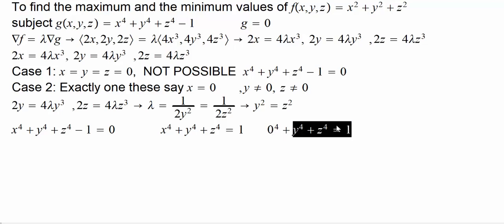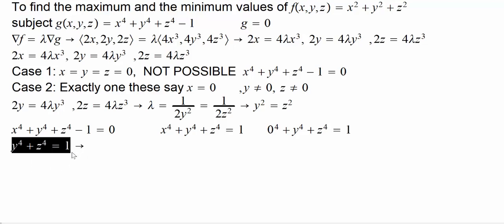So we get this, and since y square, z square are identical, what will this give us? We may say y to the 4 plus y to the 4 is 1, which means what? 2y to the 4 is how much? 1.